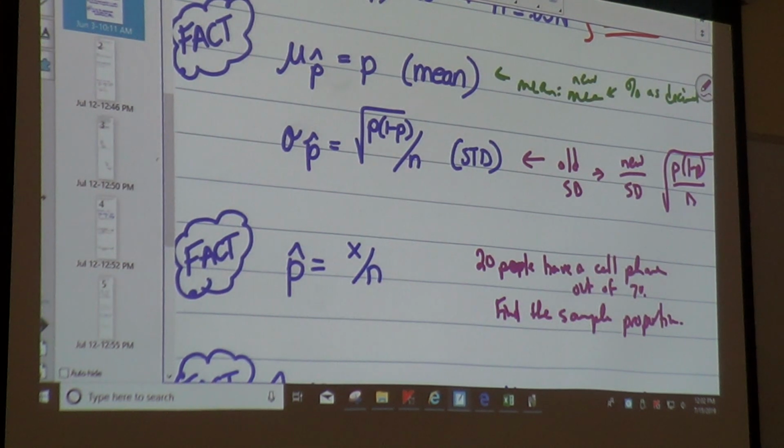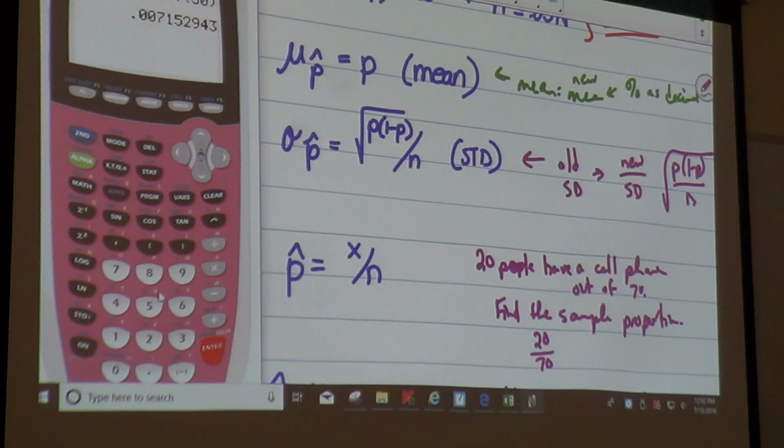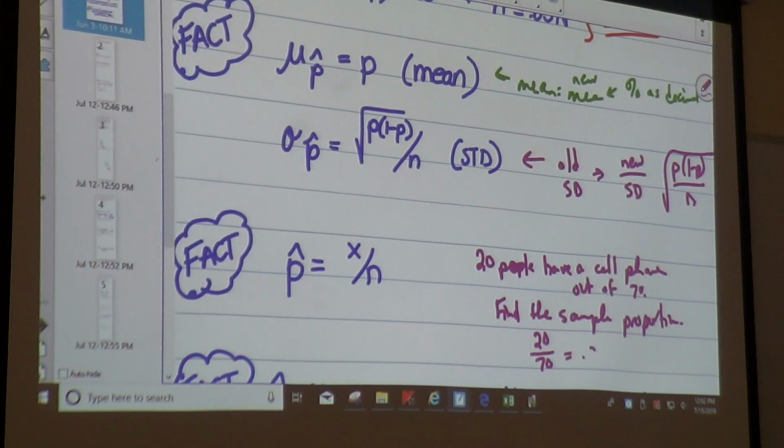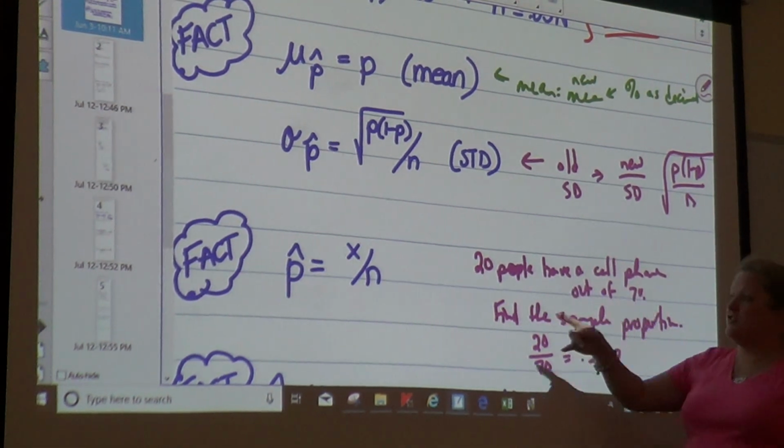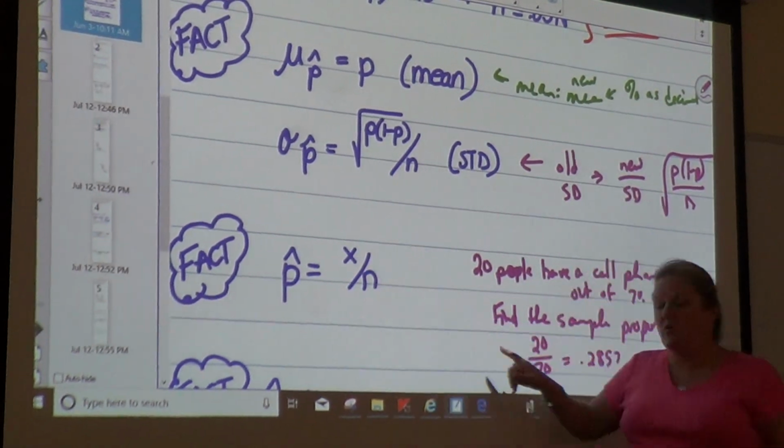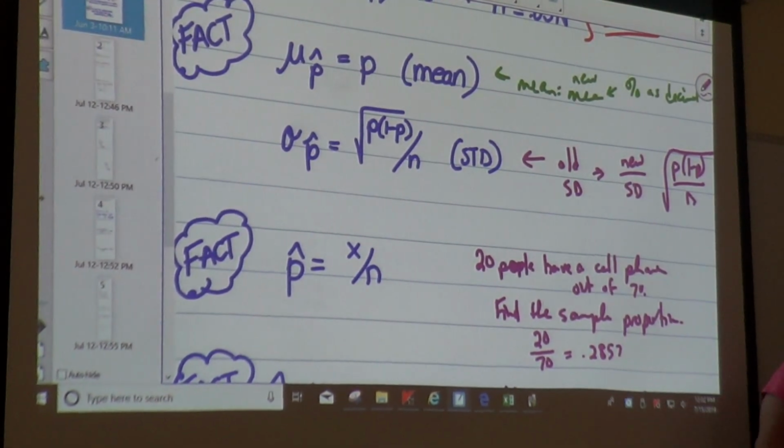What does proportion mean? A percentage. So what do we have to do with that fraction? 20 over 70. In my calculator, 20 over 70 is 0.2857. So this is just saying if I give you two things, you're going to turn it into a fraction and make it a decimal, or make it a percentage.